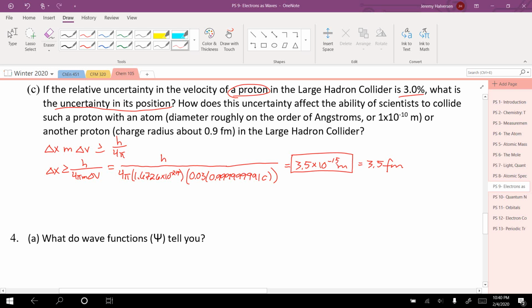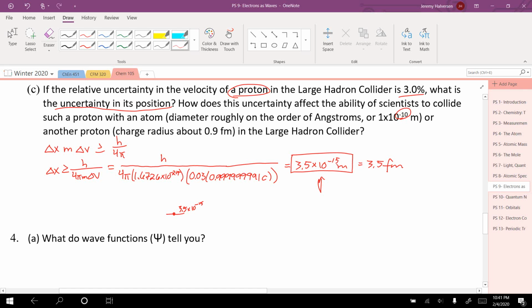All right, so how does this uncertainty affect the ability of scientists to collide such a proton with an atom that has a diameter on the order of angstroms, 10 to the negative 10? So basically what this means is we know exactly where our proton is, plus or minus 3.5 times 10 to the negative 15 meters. That's cool.